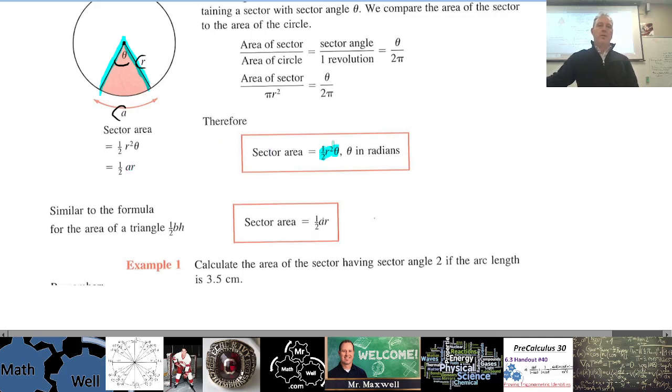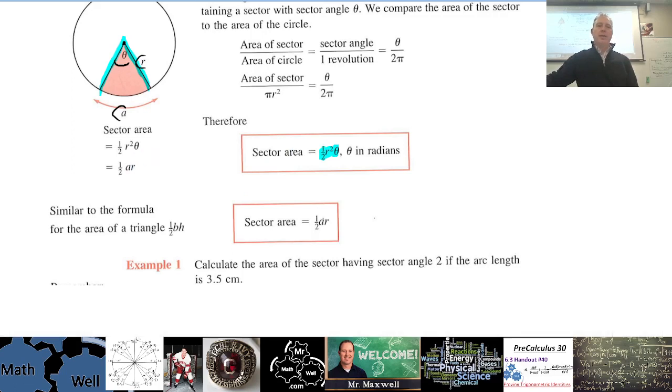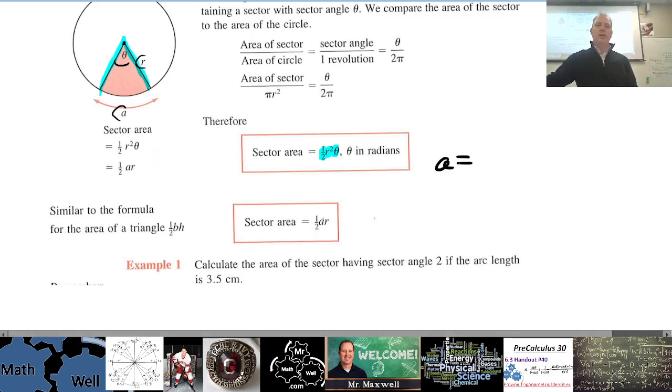Now, A equals r theta, the arc length formula, is the one that we worked with a lot last year. If we take an r out of r squared and a theta out of here, we have 1/2 A r. So arc length is radius times the central angle.